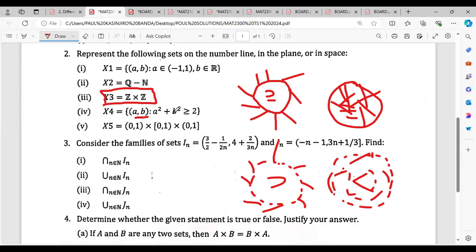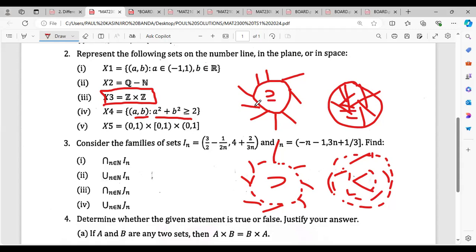So we can see that in our case here, this is just the equation of the circle, right? And we have a greater than or equal to. So meaning we just want to shade outside this circle, inclusive of the points that are in the boundary of the circle.